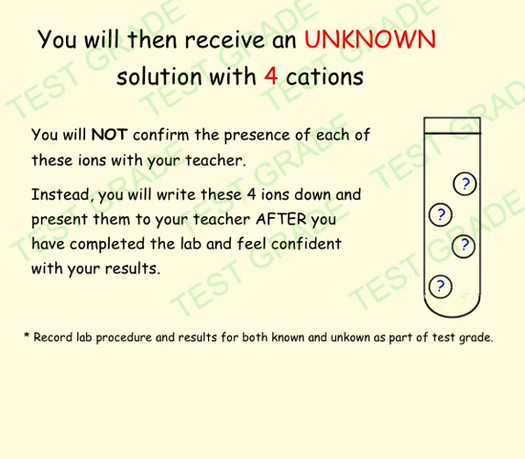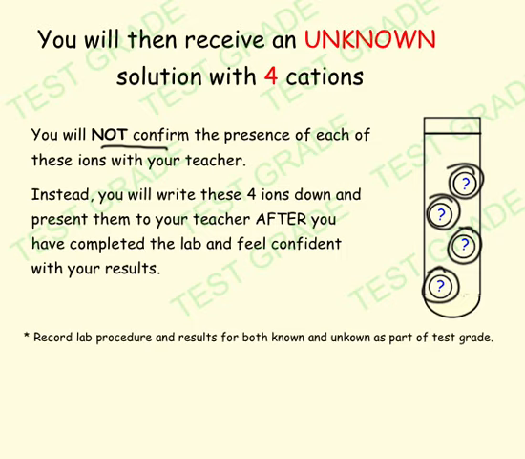So after you get your known solution, you're going to have an unknown solution. In your unknown solution, you're going to repeat exactly the same procedure that you just went through with your known, but you're not going to have 9 cations in there. Instead, you're just going to have 4 of those ions. Because it's the test grade portion, and we'll talk more about grading later, you will not confirm the presence of each of these ions with your teacher.